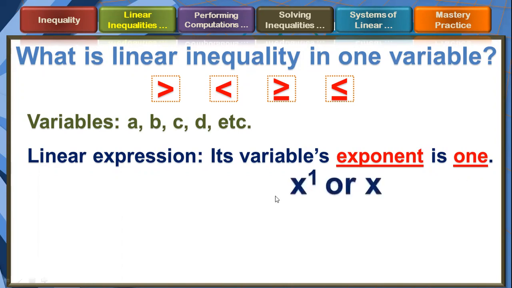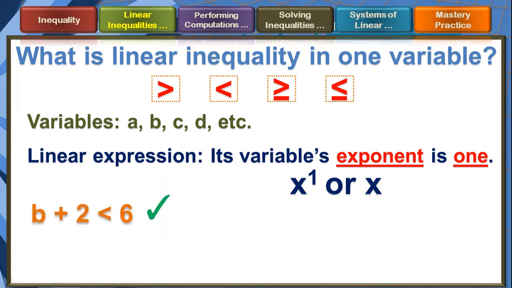So here, x raised to 1, or x to the power 1, or x. They are equal, because when we write x raised to 1, most of the time we don't write the 1 anymore because it's already understood that the exponent is 1.